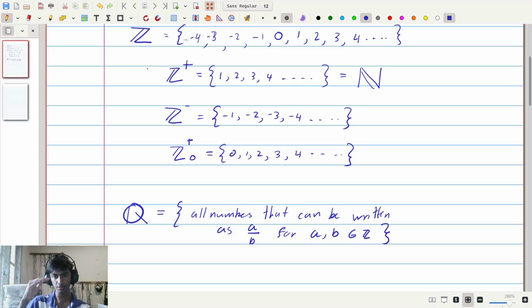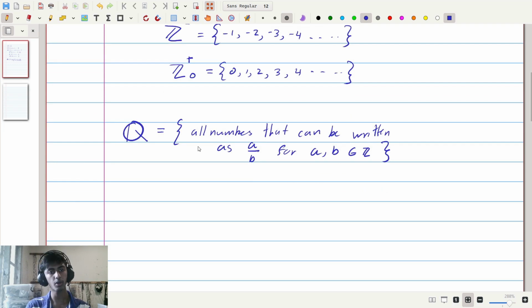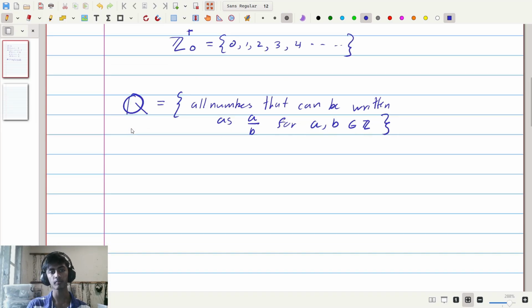Starting from the integers, we take two integers, divide one by the other, and use that to construct all the rational numbers. Now, with those, we have this extra ability. This set now contains numbers that were not available in the integers. Specifically, all the fractions are now contained within the set Q, the set of rational numbers.